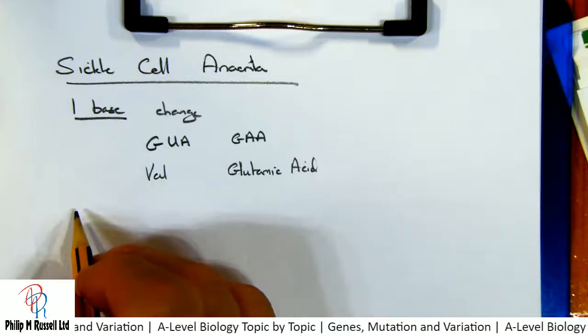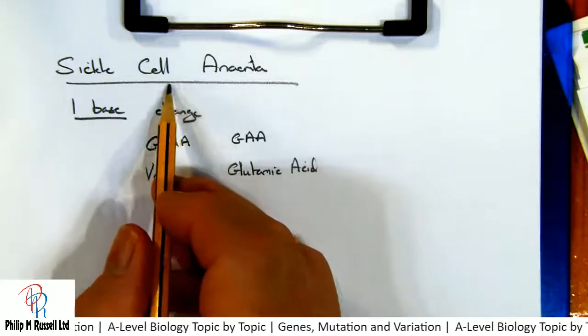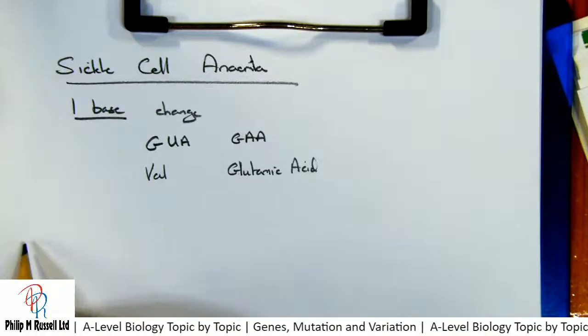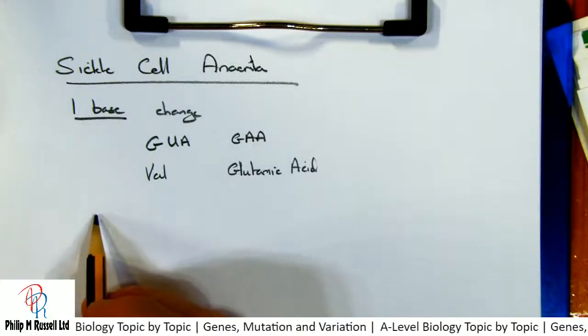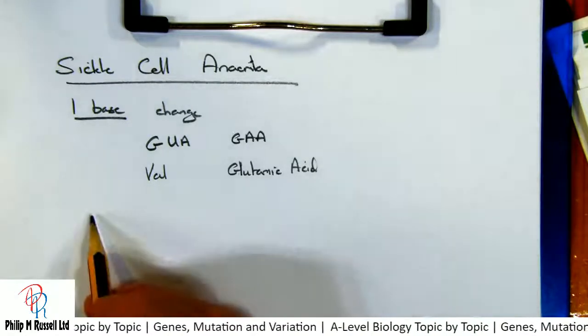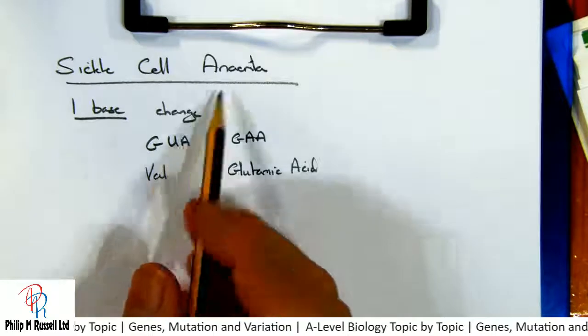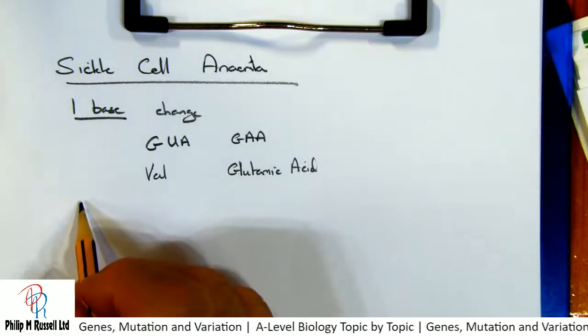So everyone else dies of malaria, and these people, although poorly, survive. And although they survive, not terribly well, they're better than the ones that are dead. And so sickle cell anemia exists in about 11% of the population.